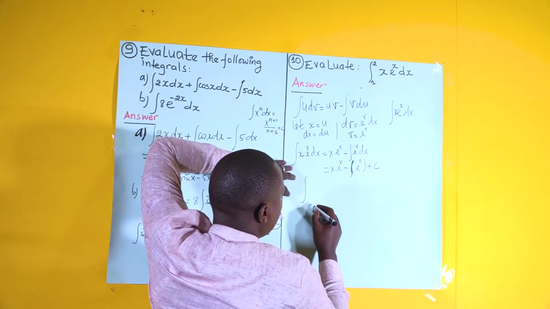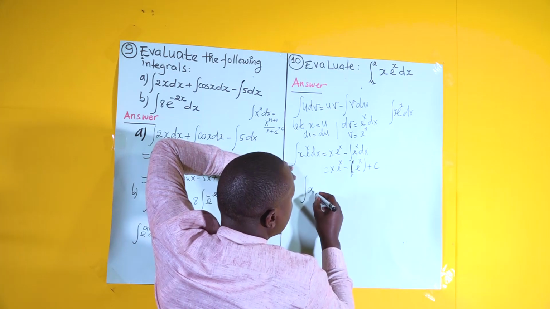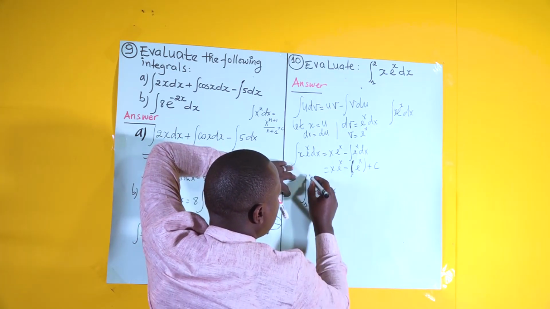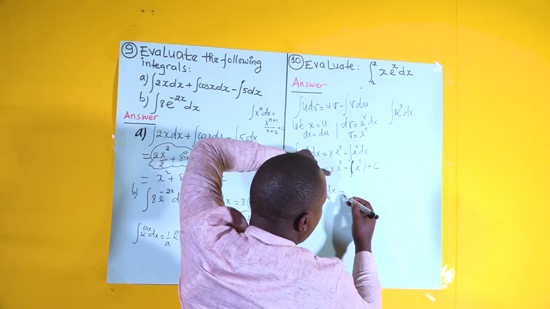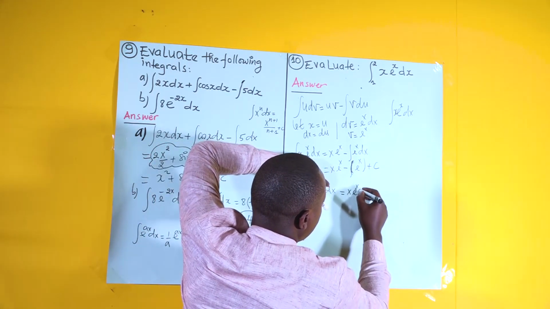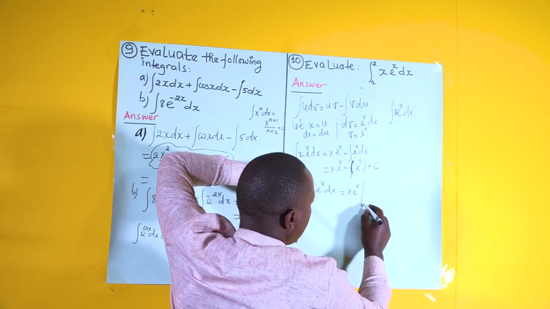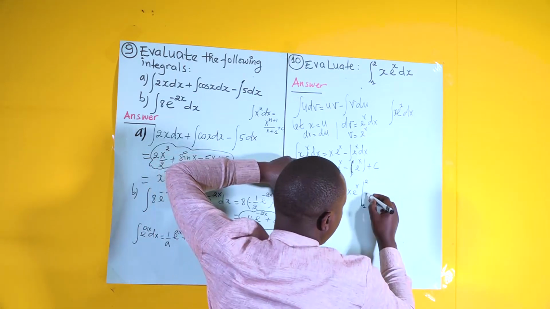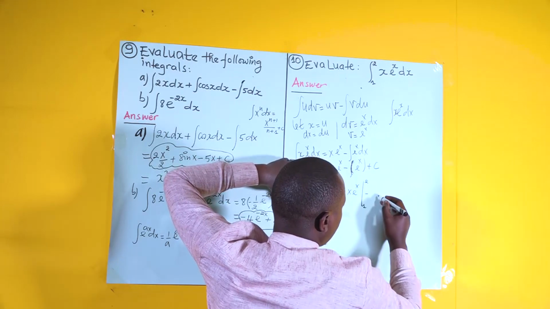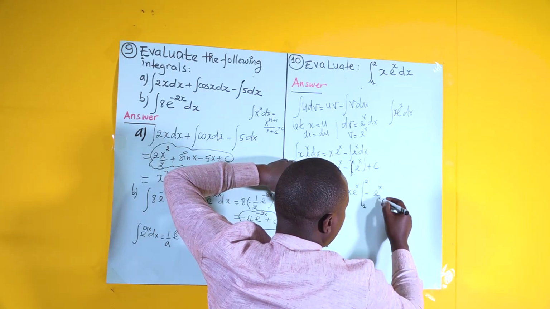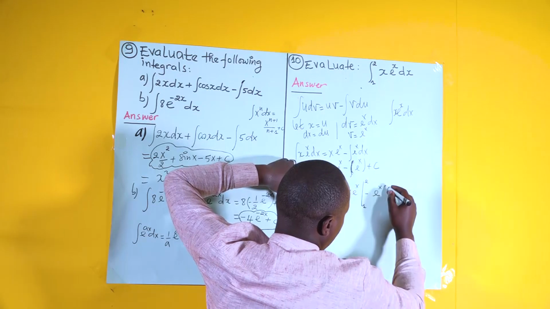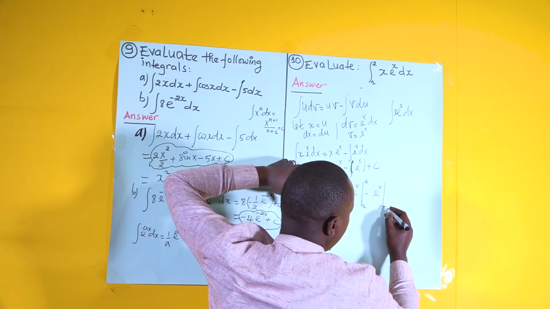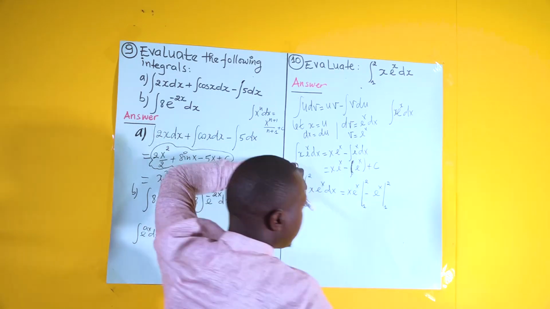Integration of x e to the x dx from 1 up to 2 gives us what? It is x e to the x with boundaries 1 and 2, minus the answer that you got here, which is e to the x, also with boundaries. You don't have to put plus a constant because we have boundaries 1 and 2, isn't it?